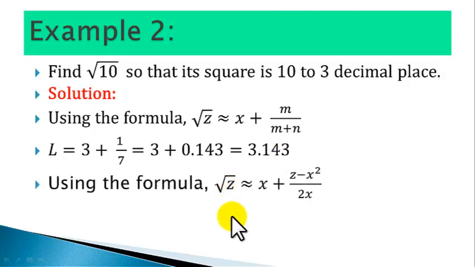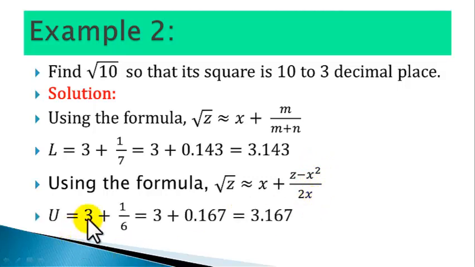Also, using the formula square root of z approximately equal to x plus z minus x squared all over 2x, we obtain the upper bound u to be equal to 3 plus 1 over 6, which is equal to 3 plus 0.167, and this is equal to 3.167.